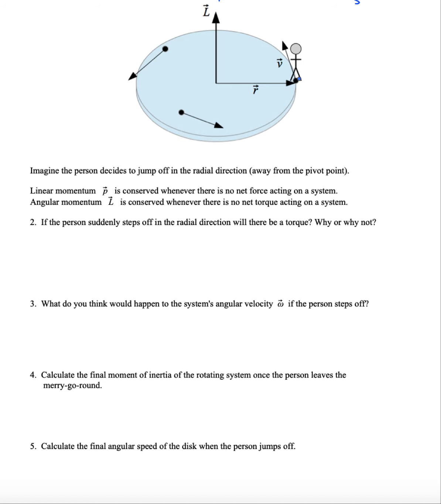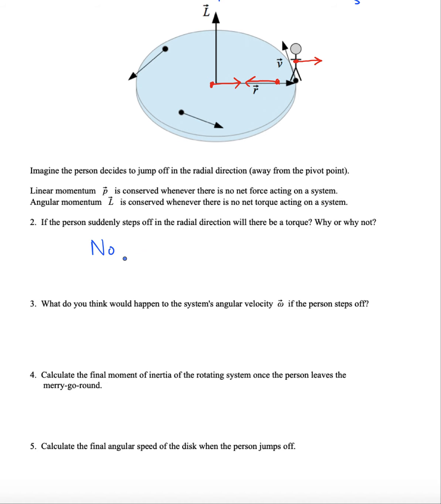In that way, they'll apply a force to the merry-go-round that's directed toward where the thing is attached, and then the ground can exert an equal and opposite force on the disc. But when they push like that, they're going to, by Newton's third law, impart a force to themselves, which takes them off of the merry-go-round. If they do step off, will there be a torque?